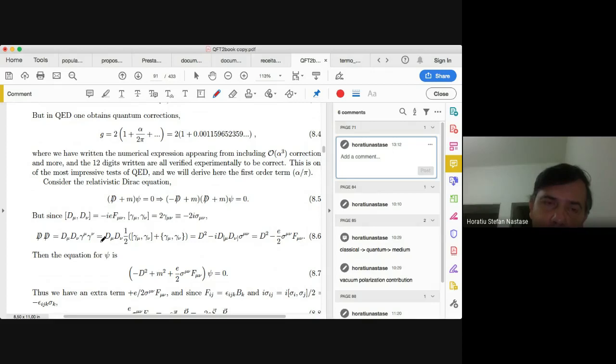And as always, I can write down the product of two gamma matrices as 1/2 times the commutator plus the anti-commutator.